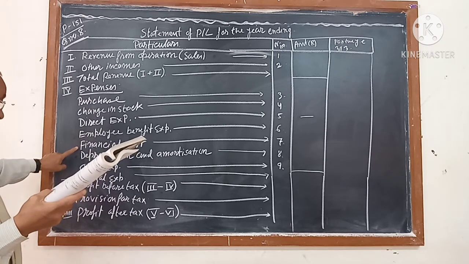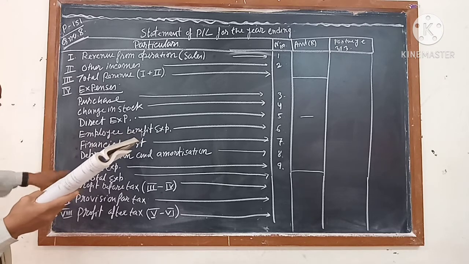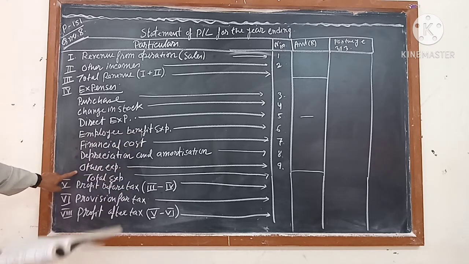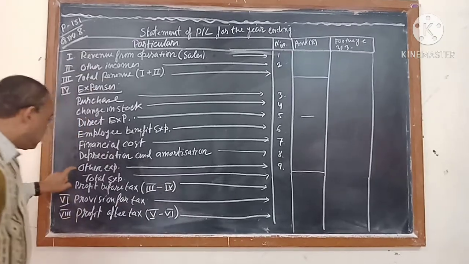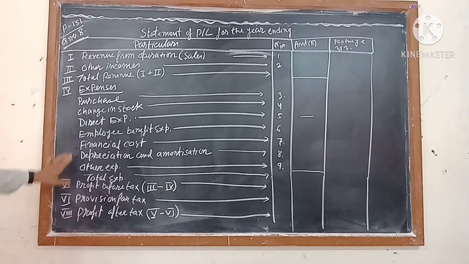Audit fees is your expense. Which expense? Other expenses. There are some ways to remember this. Generally, this comes on the trading account debit side and the profit and loss account debit side. This is the trading account debit side, also changes in stock, opening minus closing.